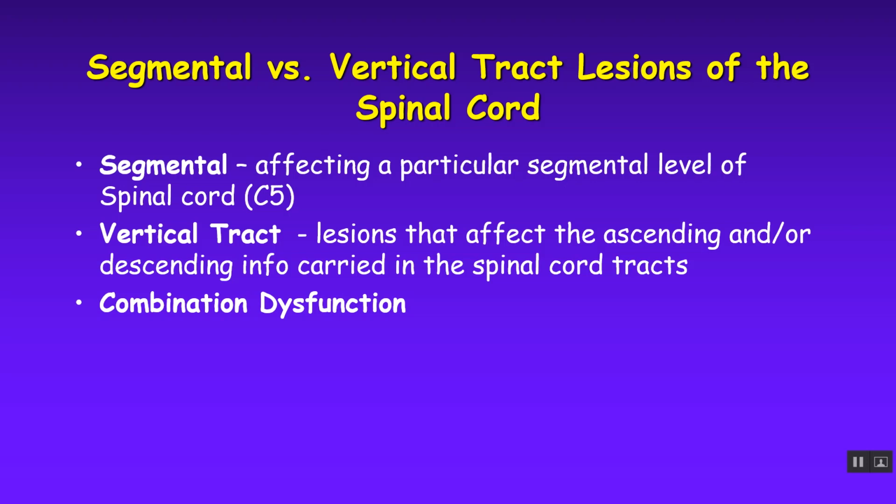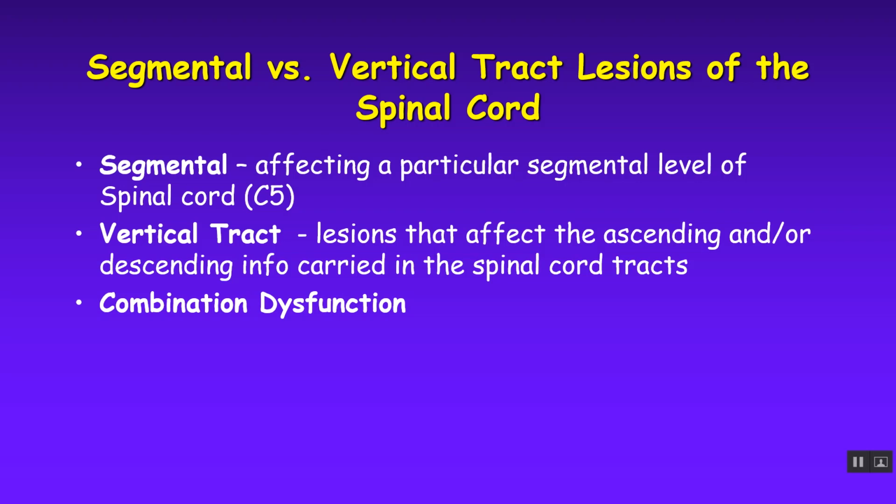Those are the vertical tract dysfunctions. So you're going to get motor dysfunction below the level of the lesion, and you're going to get sensory dysfunction below the level of the lesion because it's going to have a harder time getting past that lesion. So this is going to disrupt information getting below the lesion or coming up from below the lesion, but then you're going to have loss of function directly related to the lesion at that segment. Does that make sense?